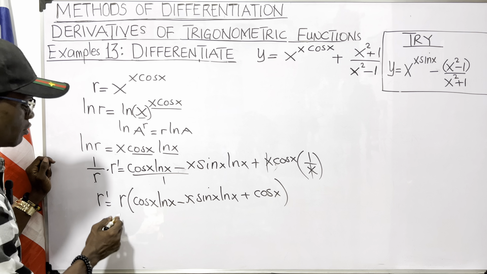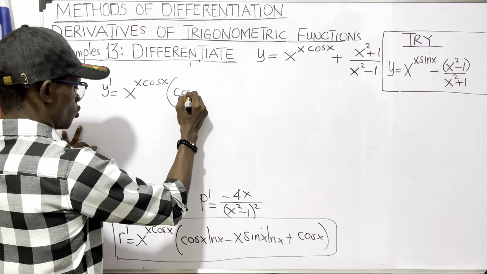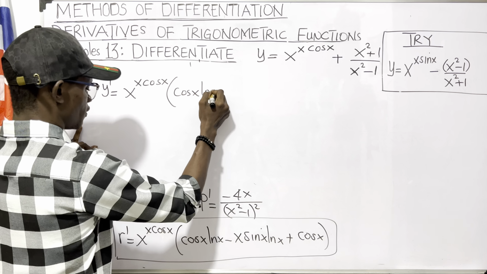Finally, the derivative of y, y prime, is x raised to the power x cos x times cos x ln x minus x sine x ln x plus cos x, and then plus the derivative of the second term, which is minus 4x all over x squared minus 1, all squared.